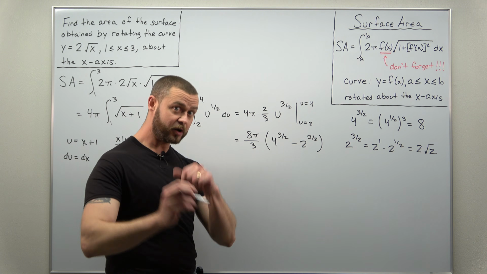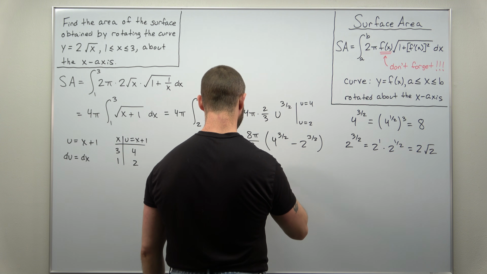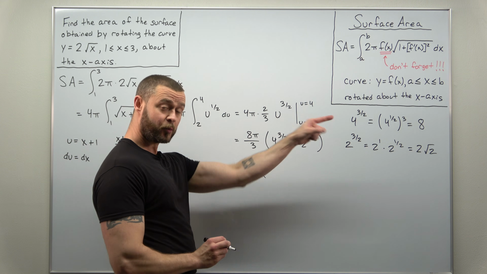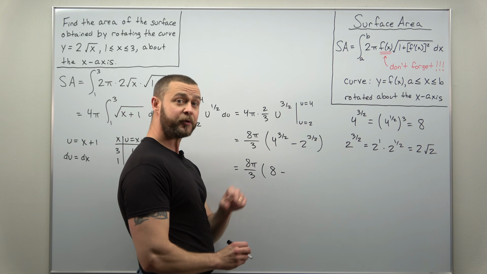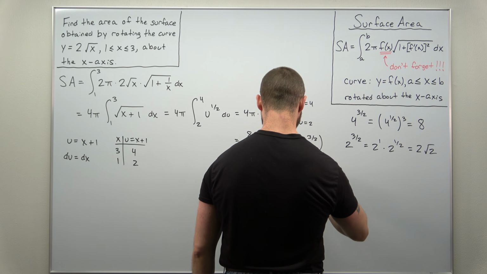If we go ahead and plug those in for rewriting our answer here, all right, 4 to the 3/2, we're writing that as 8, and 2 to the 3/2, we're rewriting that as 2 times square root of 2.